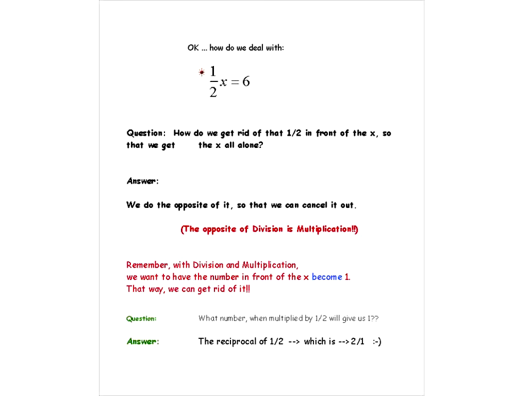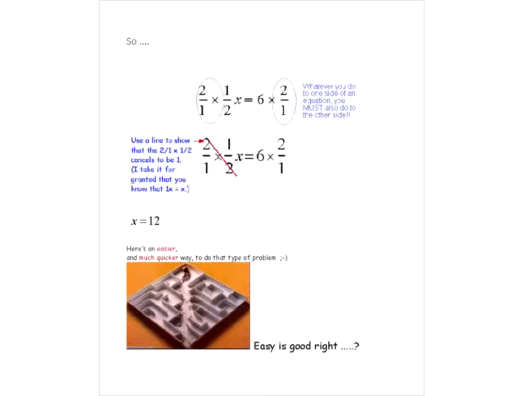In other words, we turn the fraction upside down, so we're going to multiply both sides by 2 over 1. So this is just another way of doing it. Again, 2 over 1 is what we multiply it by. And when we do it that way, you can see that this all cancels out to 1, so we end up with x on the left side. 6 times 2 is 12.